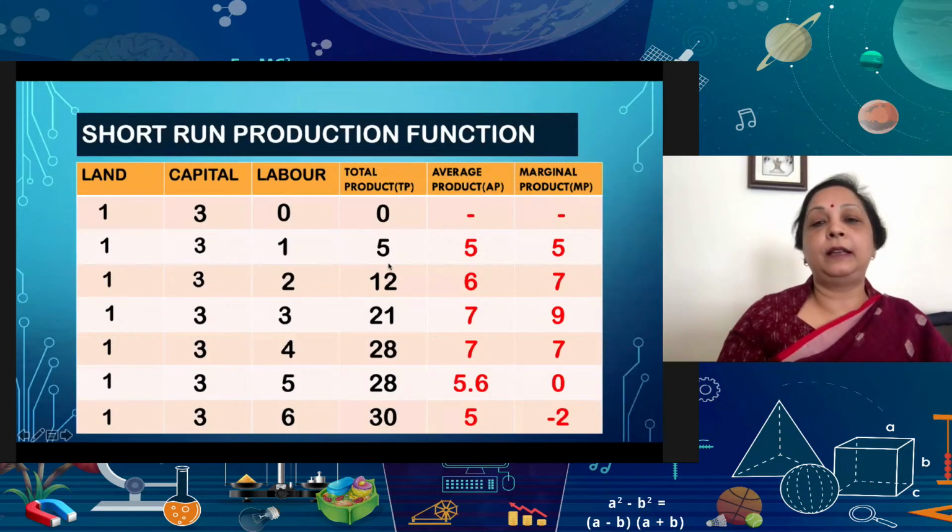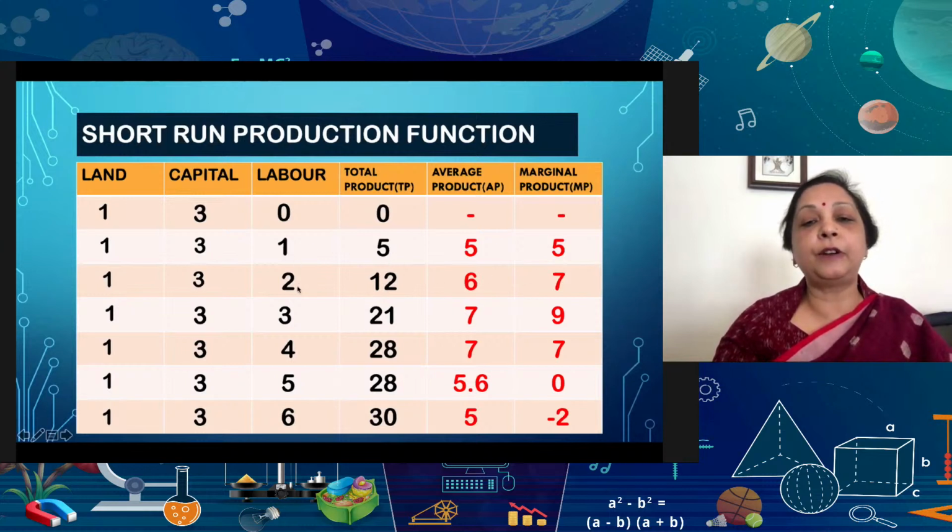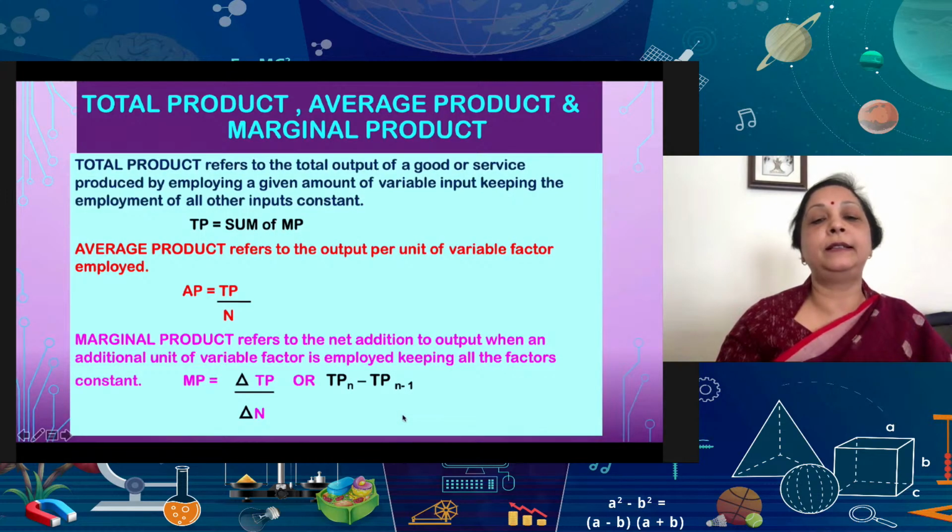You see here, total product is 5. Average product is 5 divided by 1. Marginal product is 5 minus 0, 5. 12 minus 5, 7. So one additional unit of labor employed is adding so much to production. So that is what is reported in marginal product, net addition to total product when an additional unit of variable factor is employed.